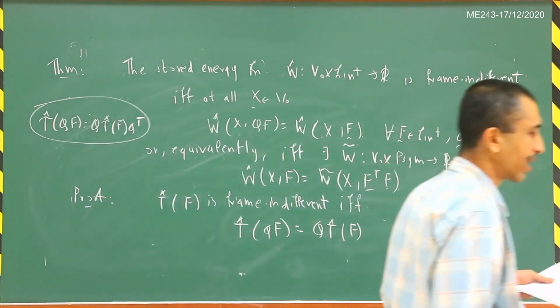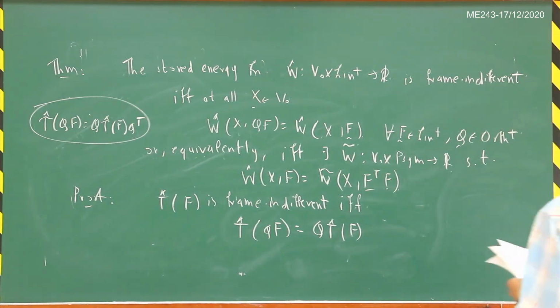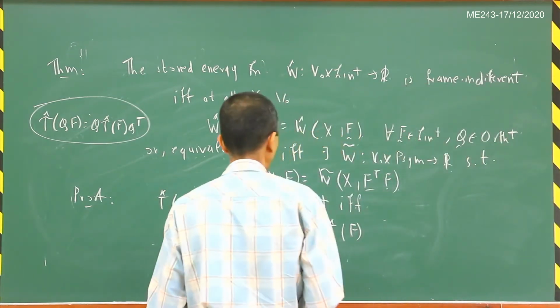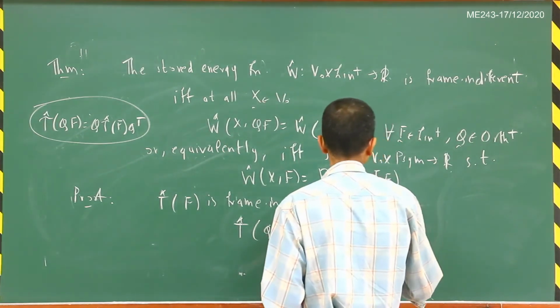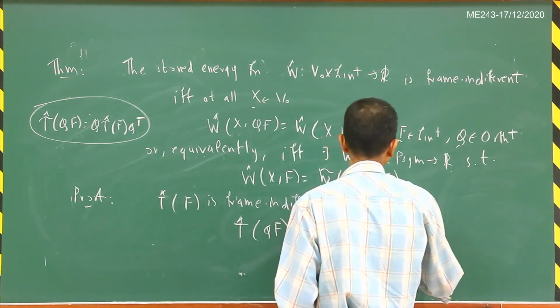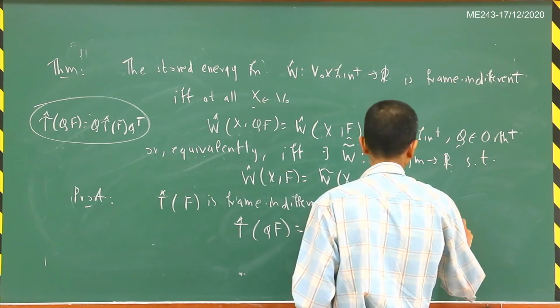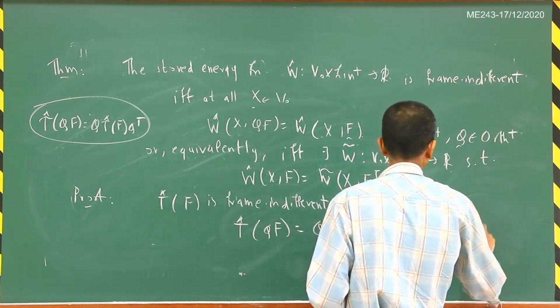Right. So this I can also write as T hat of F is equal to Q transpose times T hat of QF. Okay.